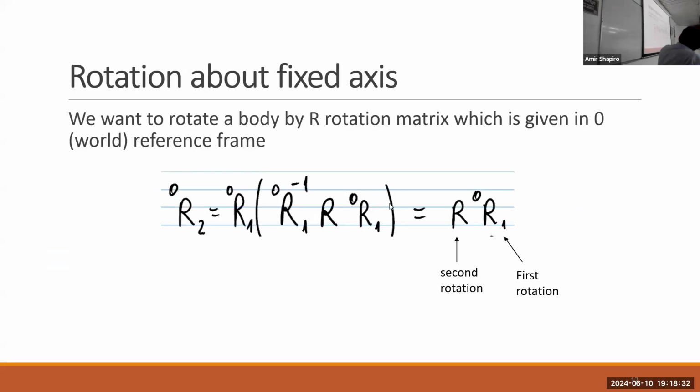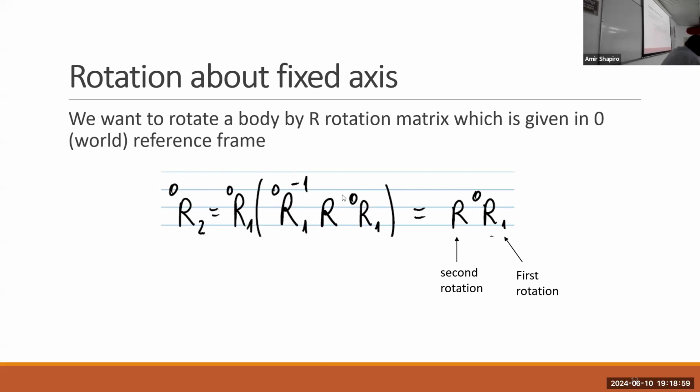As you can see here, I take the first rotation from 1 to 0, then rotate around 0, then rotate back from 0 to 1, and then from 1 to 0, and this is the rotation from 2 to 0.